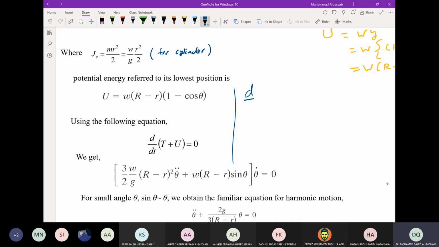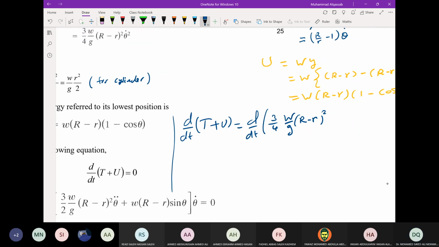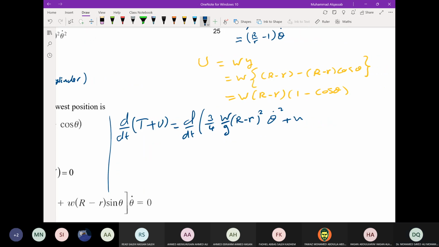We have d by dt of T plus U equal to d by dt of, we substitute for the kinetic energy, which is 3/4 W over g (R minus r) squared theta dot squared, plus W, which is the potential energy, (R minus r)(1 minus cosine theta), and this should equal 0. And then we carry out the derivative.